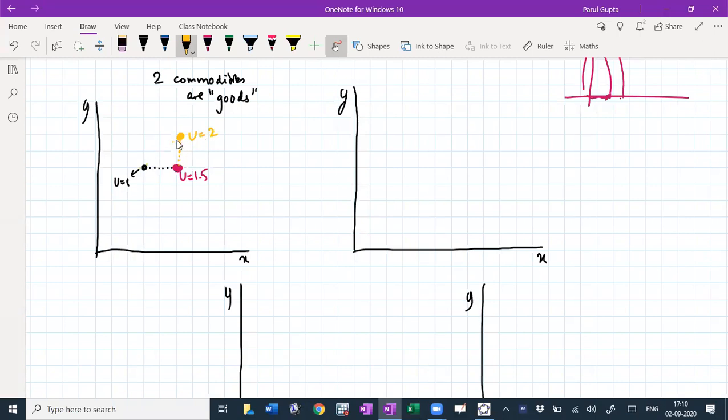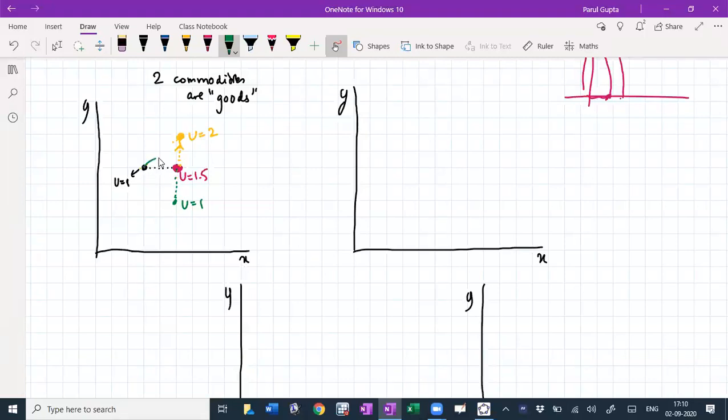This point and this point also can't be on the same indifference curve, which means instead of moving up from this point, I should instead move down. There will be some point where my utility reduces to equal to 1.